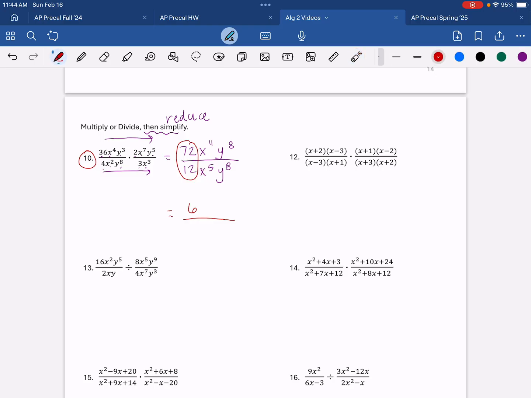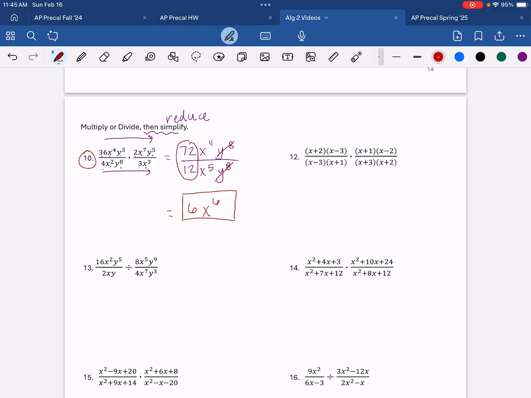So think about, they're going to subtract these 5, take away 5 from the numerator, so there will be 6 left multiplying in the top. Ooh, and it looks like my y's are just going to cancel out. So that's it. That's all we're left with. There's nothing left in the denominator of this one. So I'm just going to turn that fraction line into a box for my answer.